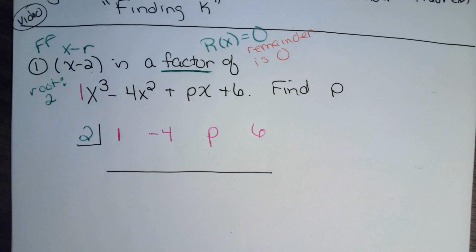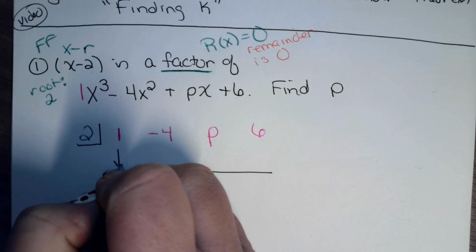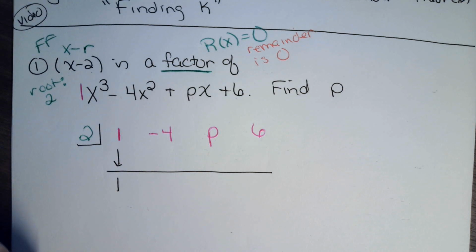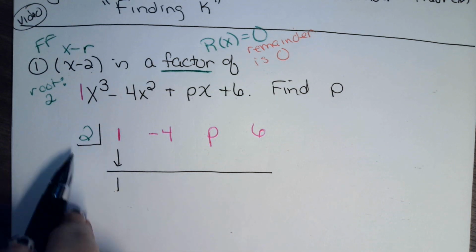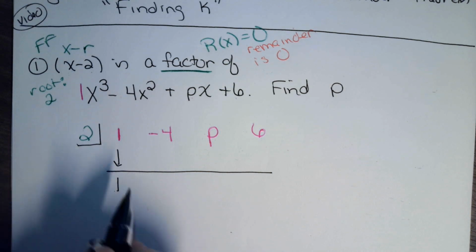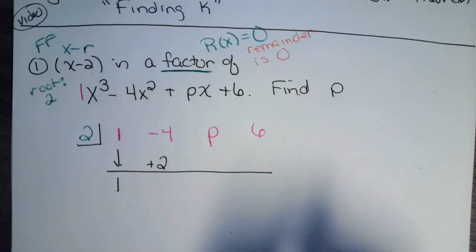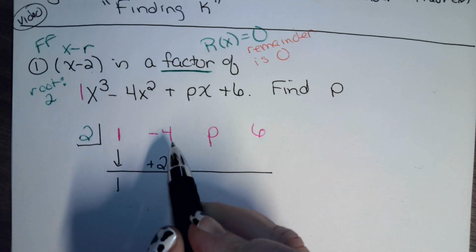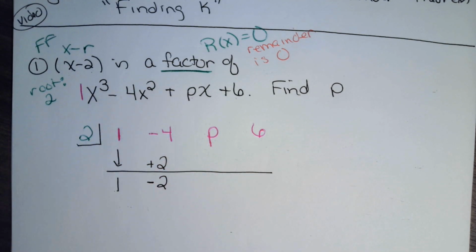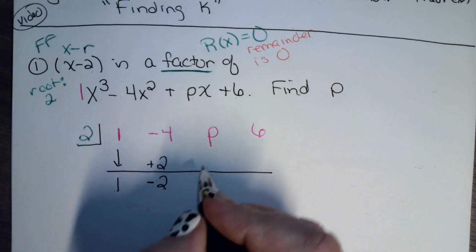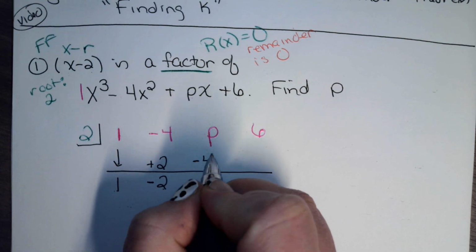This looks like synthetic division, just like we were doing yesterday. Let's drop that first number, so drop in the 1. Remember, anything below your bar, you multiply by your root. So 2 times 1 gives us a positive 2. Negative 4 plus 2 gives us a negative 2. 2 times negative 2 gives us a negative 4.